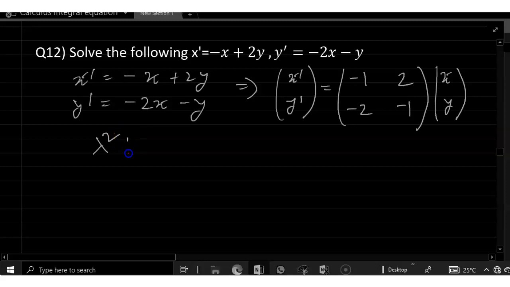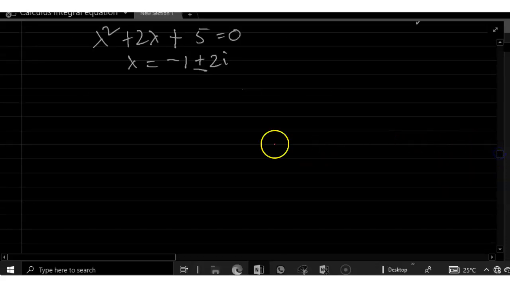According to the formula, lambda square plus 2 lambda plus 5 equals 0, and lambda equals minus 1 plus minus 2i. This is my lambda value.